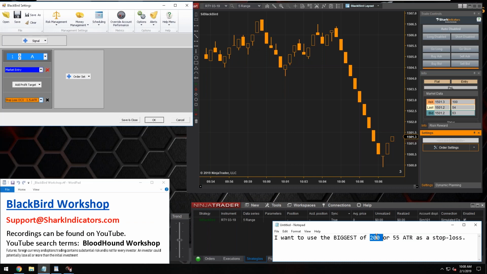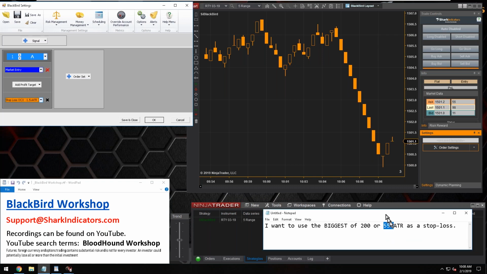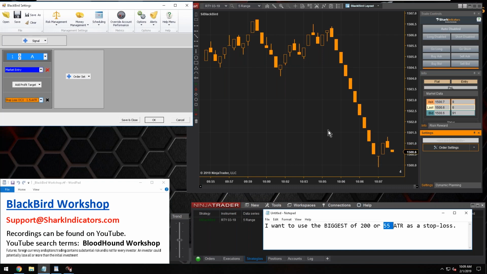So you just arbitrarily pick either a 200 period ATR or a 55 period ATR, just whichever one you think might be more volatile. My guess would be the 55, the shorter period, is probably going to be more volatile, especially if you're trading in regular RTH, regular trading hours, because the markets are typically more volatile during the trading hours than they are in the overnight session.